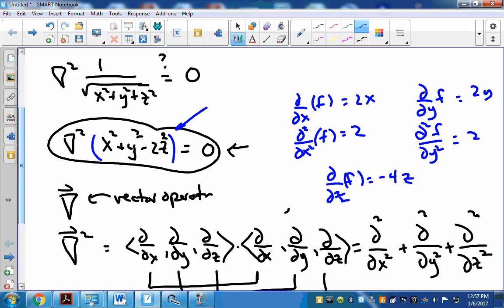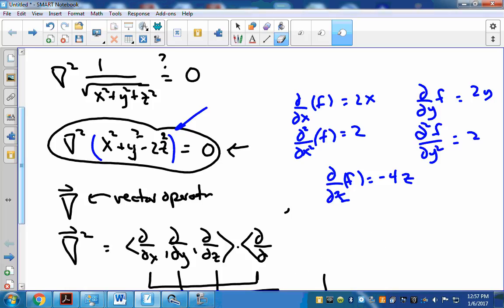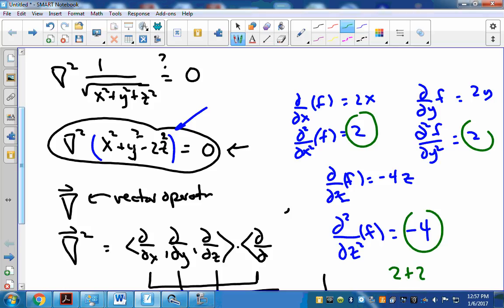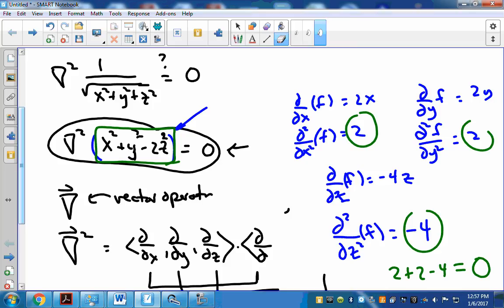And so the second partial with respect to z of f works out to be minus 4. And then you add these three things up. You add this, this, and this. And sure enough, 2 plus 2 minus 4 adds up to 0. That makes this particular function a harmonic function. So it's a task of finding 6 partial derivatives. 3 first partials, 3 second partials, add them all up. If you get 0, then you're done.